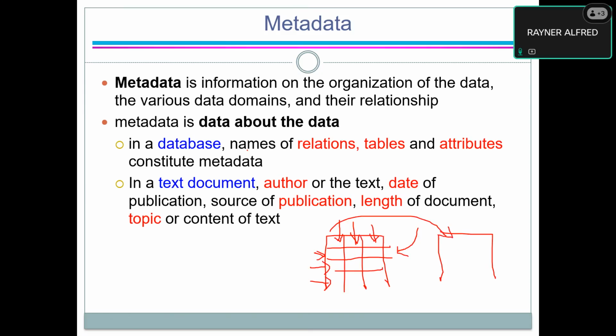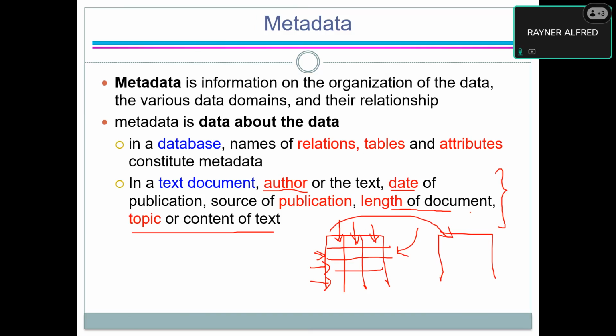Okay, so this is in the database, but in the text document, the information that we normally seek for is who is the author, when was the paper published, who is the publisher, and then how many pages, and what is the topic or content of the text. So these are the information that we need about the document, because we can use this one to retrieve our document.